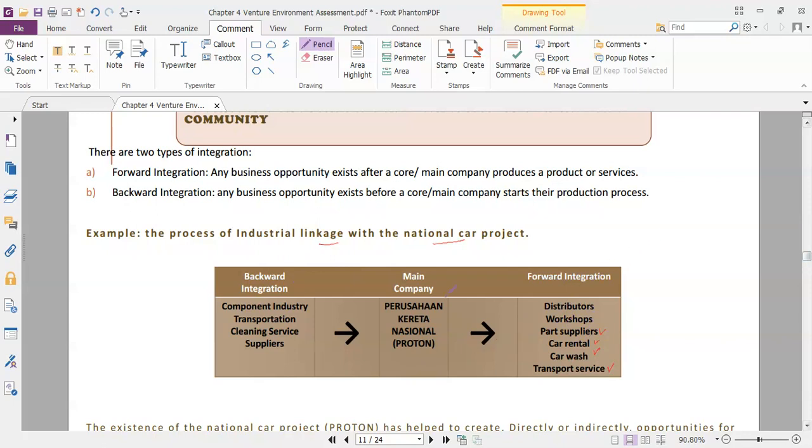So kalau perindustrian kereta, for example Proton, dia tak akan berdiri sendiri. So kita akan ada some of the industry yang sediakan many components. So kalau forward integration, maknanya after dah siap kereta, we will distribute the car to the distributor lah, ataupun company yang distribute car, workshops, part suppliers, car rental.